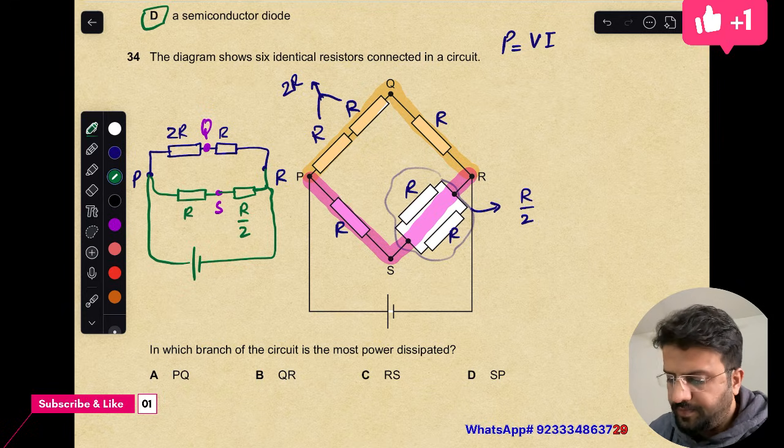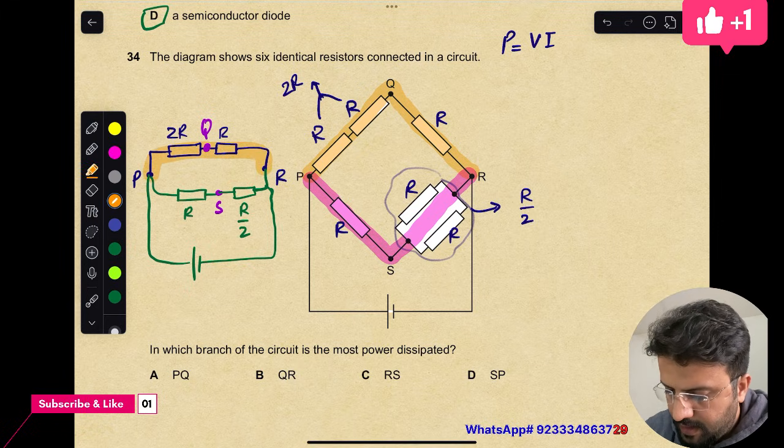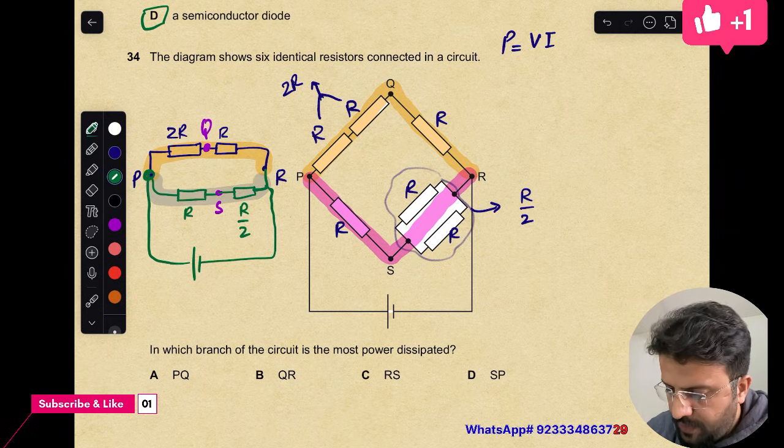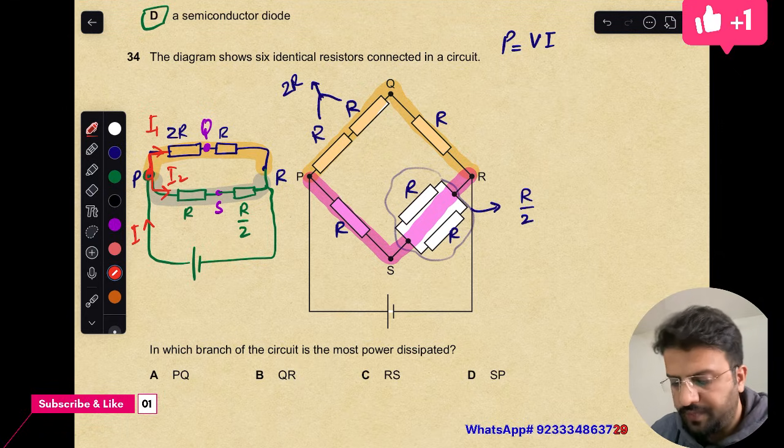Okay, so let's discuss the current first. If you see this above thing, this is one possible path for the current, and there is this one possible path for the current. When the current comes at this point, it will split into two parts. Let's suppose I is coming here, let's call it I1, let's call it I2.